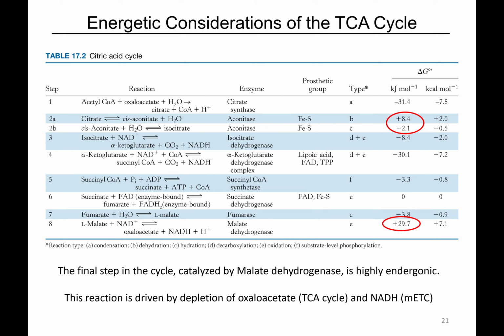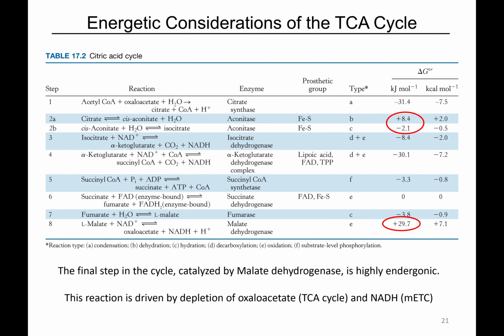In addition, remember that whenever NADH gets produced, it's pretty much immediately consumed in the mitochondria, right? Those electrons are pretty much immediately given to the electron transport chain. So not just depletion of oxaloacetate, but also depletion of NADH. And the final thing is the proton there, right?